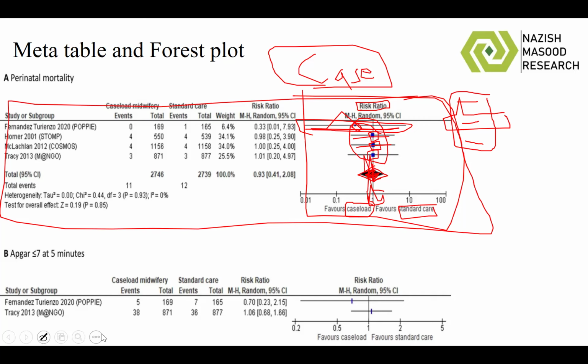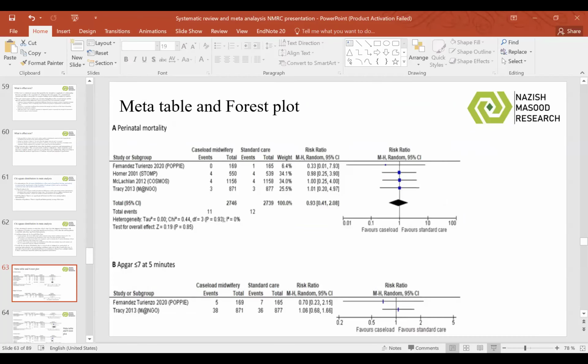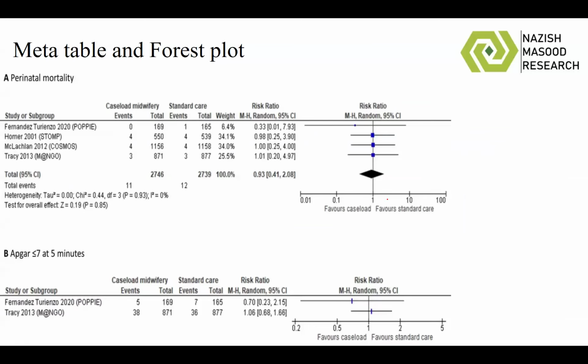So let me just discard this and come back here again. Like I said, this diamond shape represents what? It represents the overall effect size, the total effect size, with a 95% confidence interval.